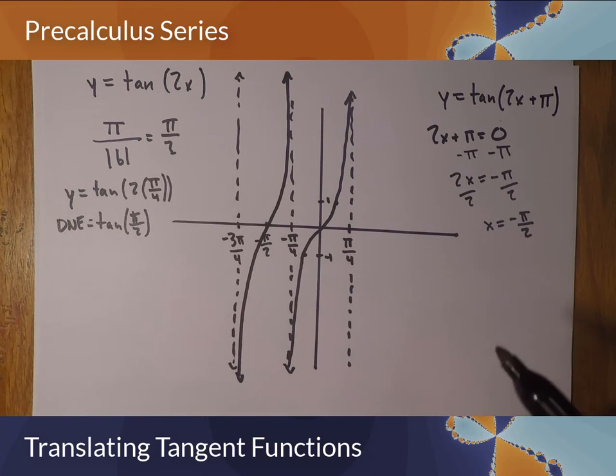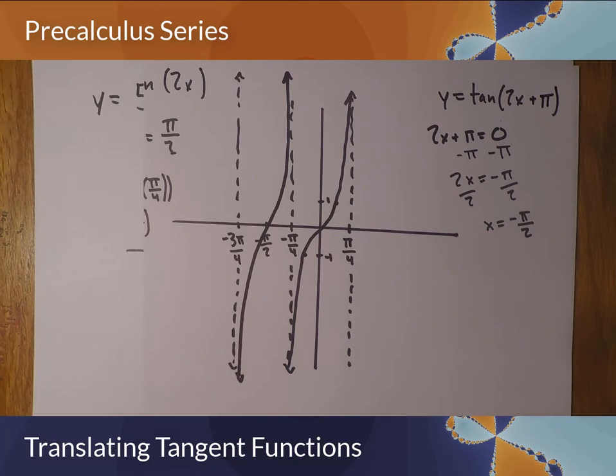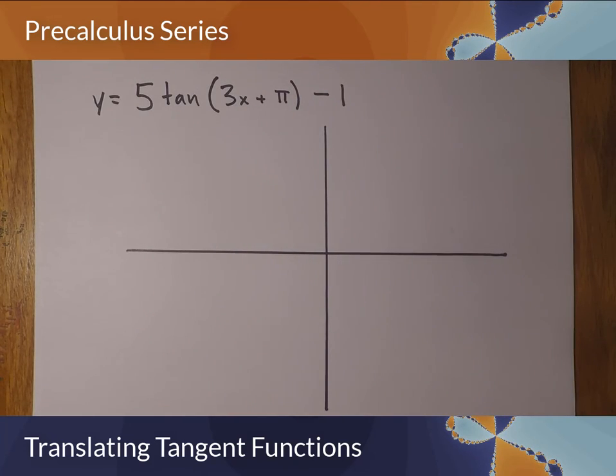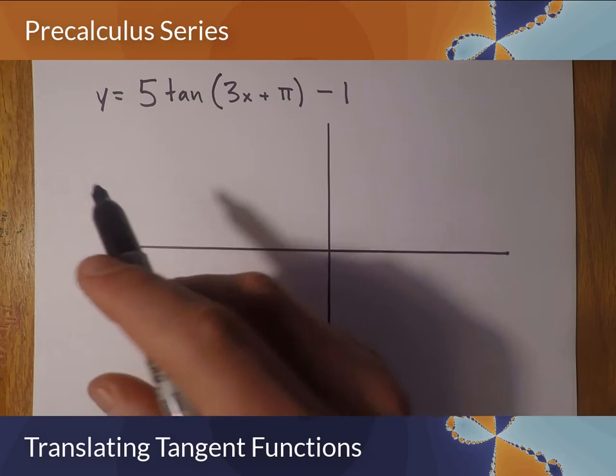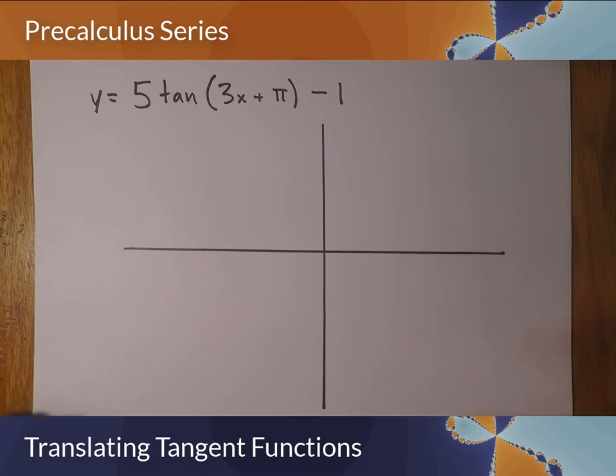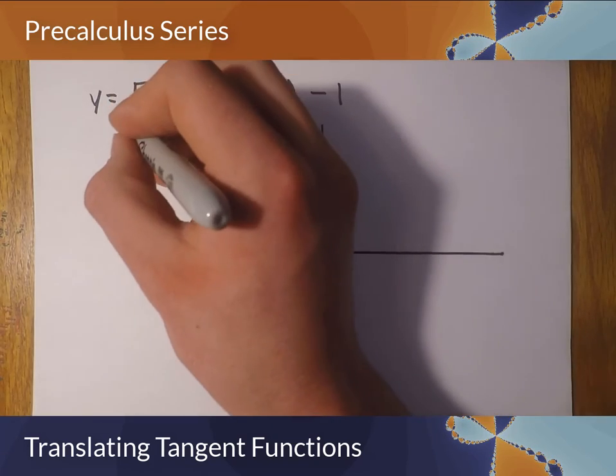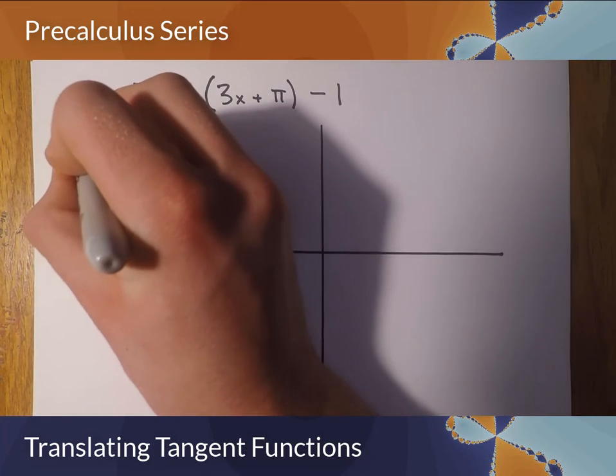So now we're going to take all the skills we've learned and apply them in one big problem. For our final problem in this video, we're going to be solving y equals 5 tangent of 3x plus pi, minus 1. Right from the get-go, I can already find a few important details about this function. One of which is that we have an amplitude of 5.